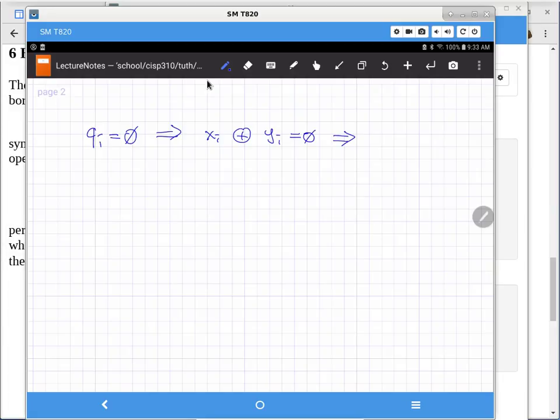Exactly. So let's express that here. That implies xi equals yi equals 0, or xi equals yi equals 1. Right? Because those are the only two cases where the exclusive OR is going to be a 0.